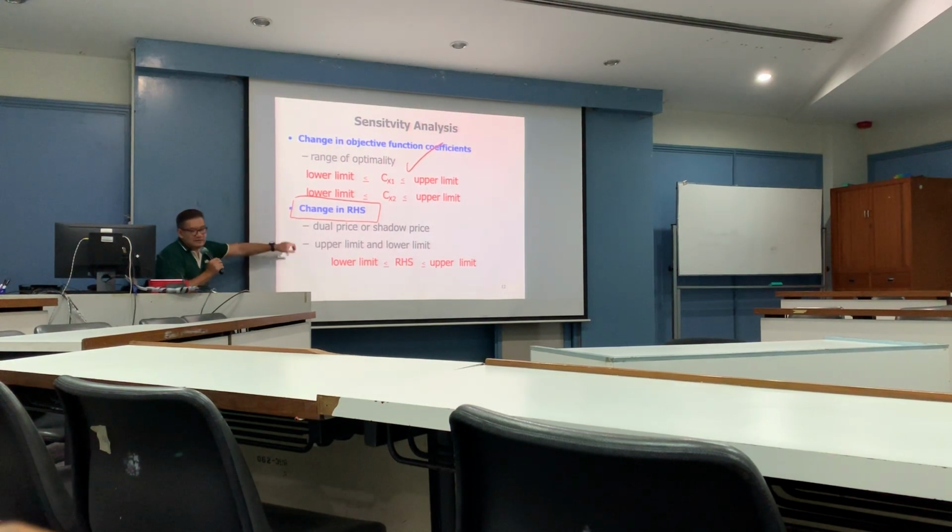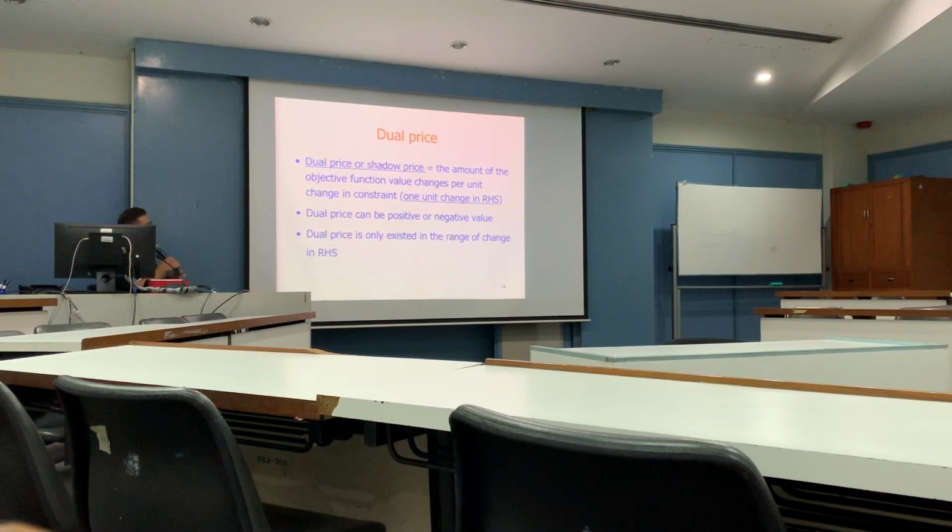Let's talk about the first one, the dual price. Dual price, what is this? This is the definition of dual price. And I can tell you more easily than this definition by using mathematics. Actually, dual price is about the z value.